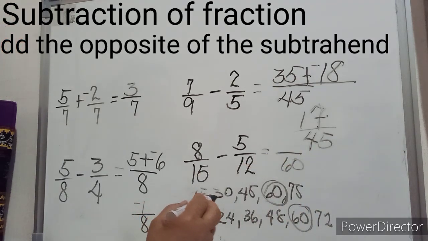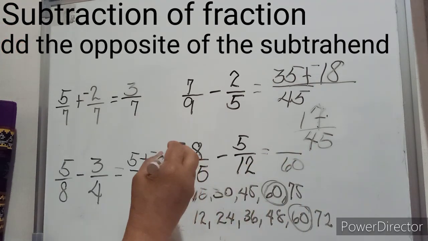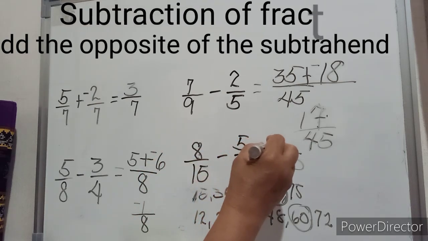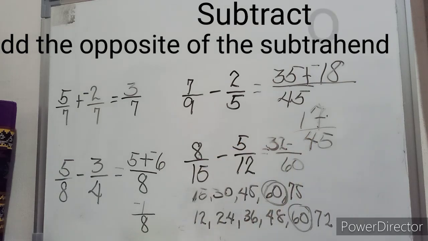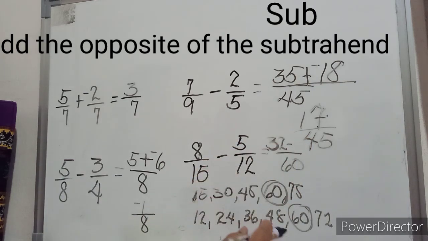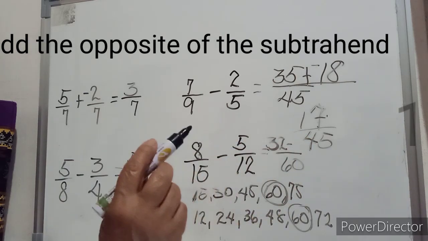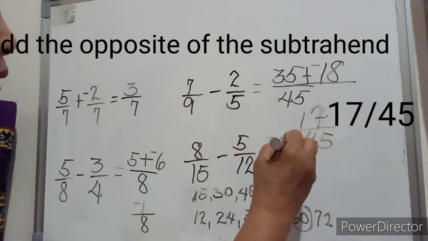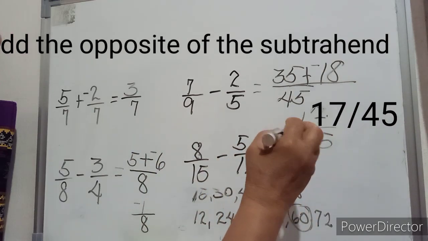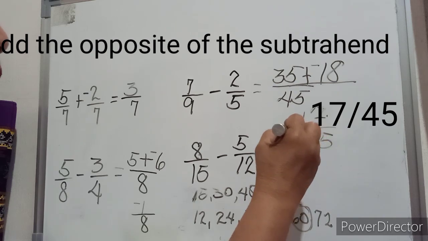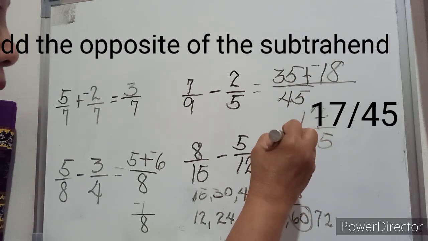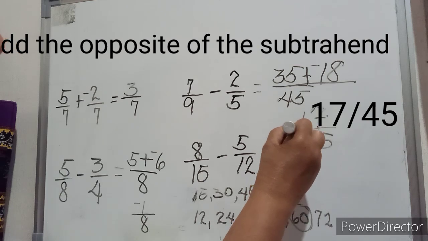60 divided by 15 is equal to 4 times 8 is 32 minus 60 divided by 12 is equal to 5 times 5 is 25. Again, we have to add the opposite. So since it's positive, it will become negative.